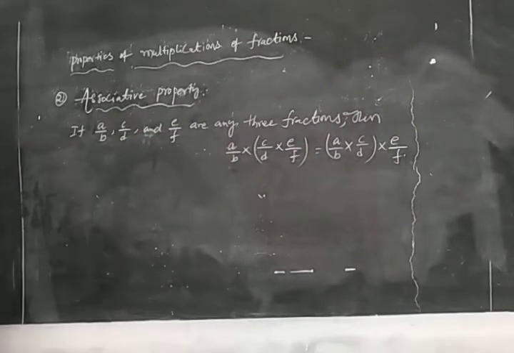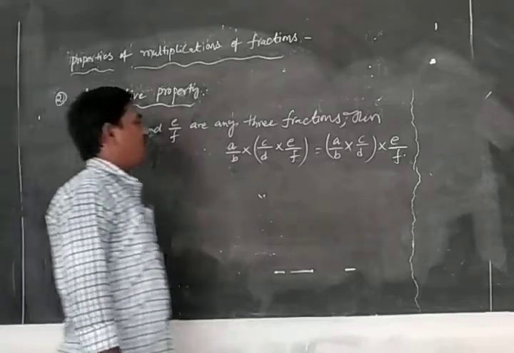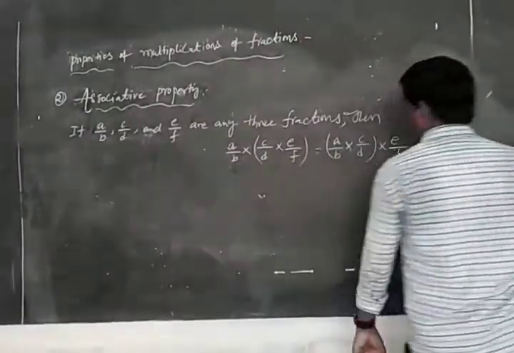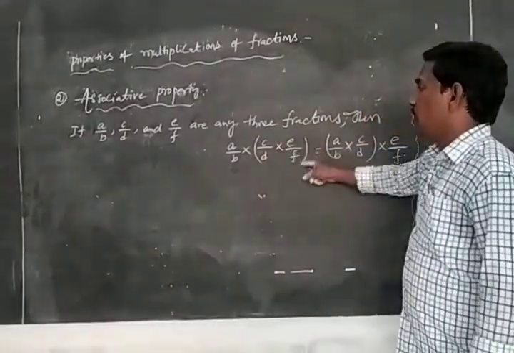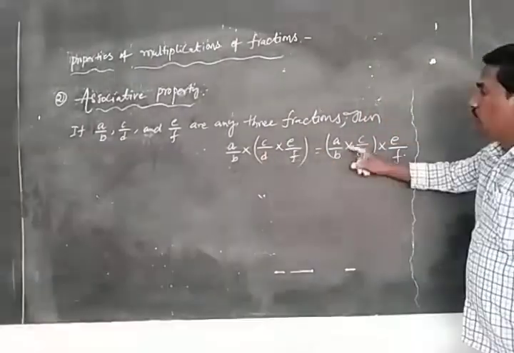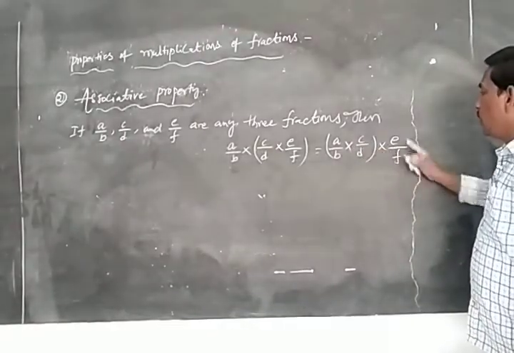If a by b, c by d and e by f are any three fractions, then a by b into c by d into e by f equal to a by b into c by d into e by f.